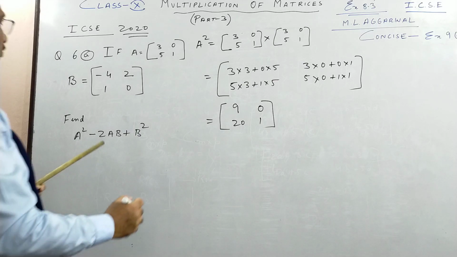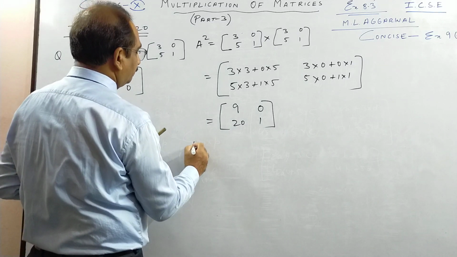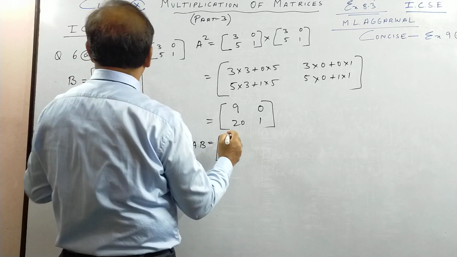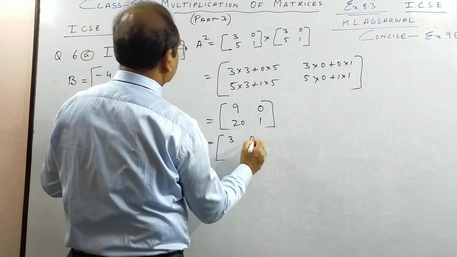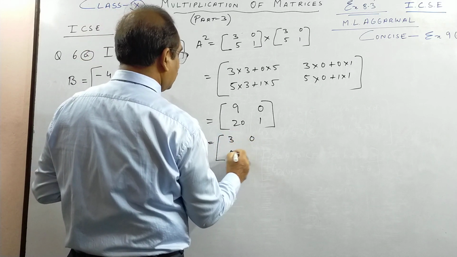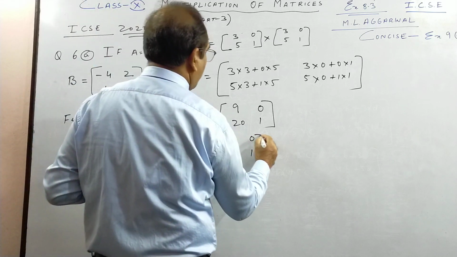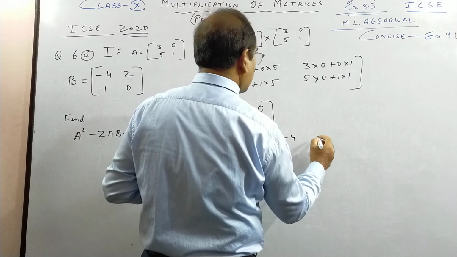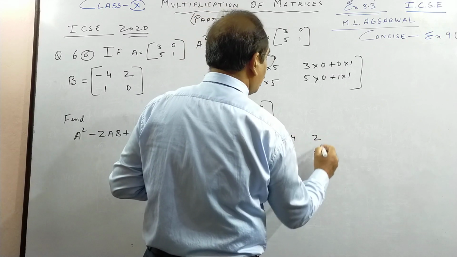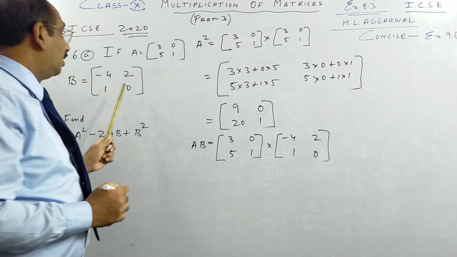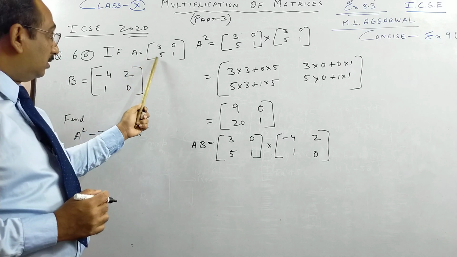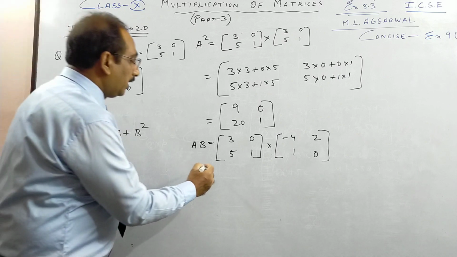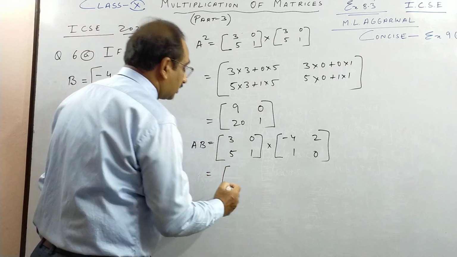Next we move on to AB. So AB is A multiplied with B. When you copy, children, see, chances of making silly mistakes are much more in this matrix multiplication than in any other question in ICSE.